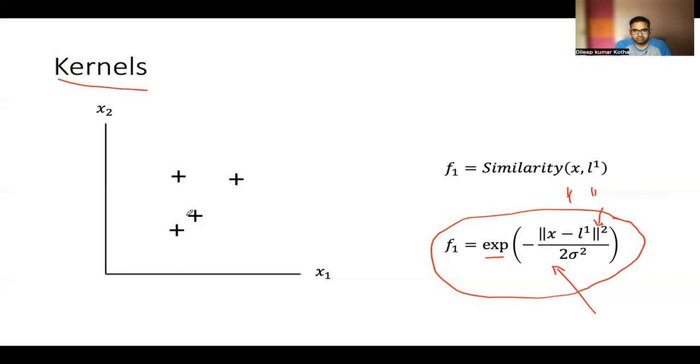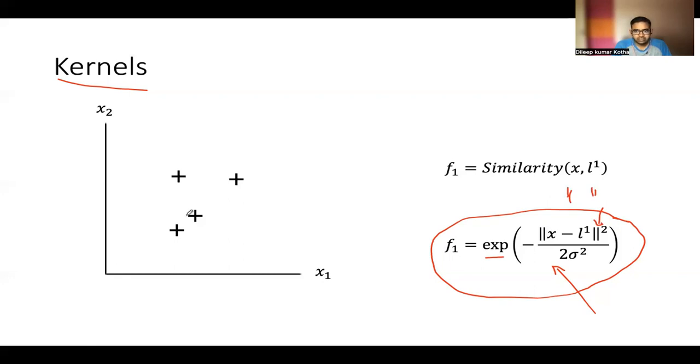Say if you have 10 features, you just put 10 landmarks, and each landmark's value is equivalent to the input feature. That's how we select the landmarks, and then we do the calculation for the similarity function.